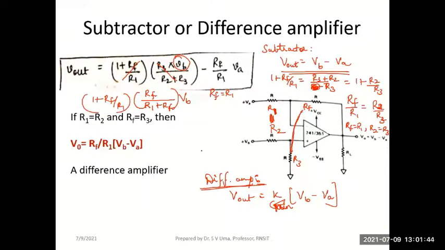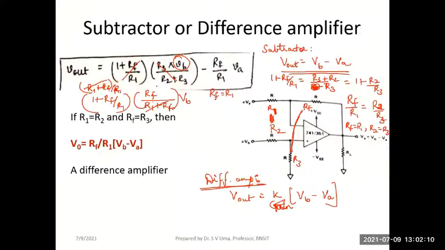See, if you simplify these 2 factors, R3 is made equal to Rf and R2 is made equal to R1. What will happen to this? This first factor, can I write it as R1 plus Rf by R1? Yes or no? So R1 plus Rf and R1 plus Rf cancel out.